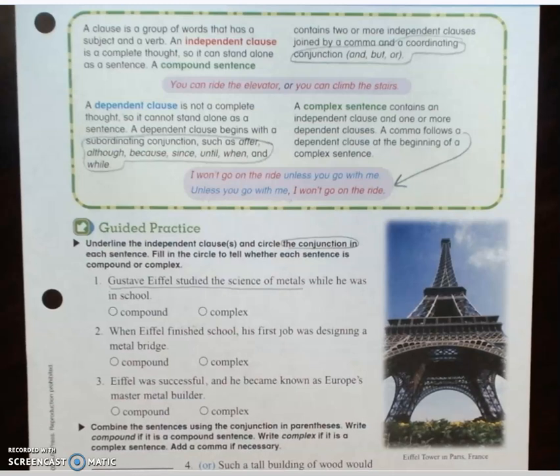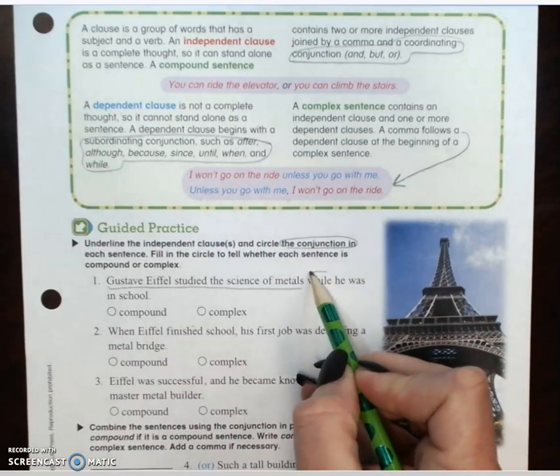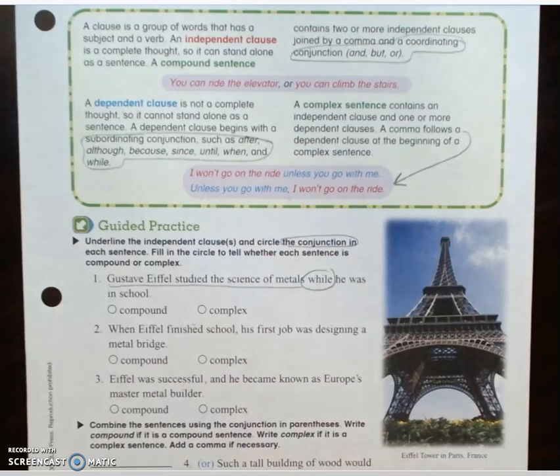Can you find the conjunction in there? While. Okay, so let's circle while. And if you look up here at this section right here, it's the subordinating conjunction. So, with this independent clause and the subordinating conjunction while, do you think this is a compound sentence or a complex sentence?